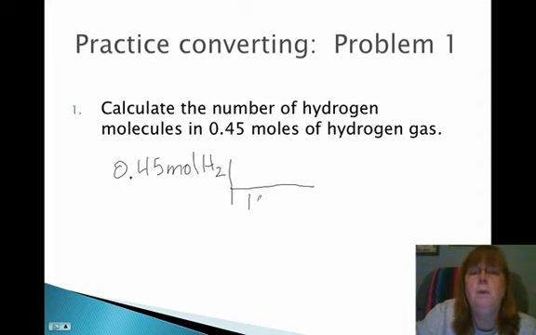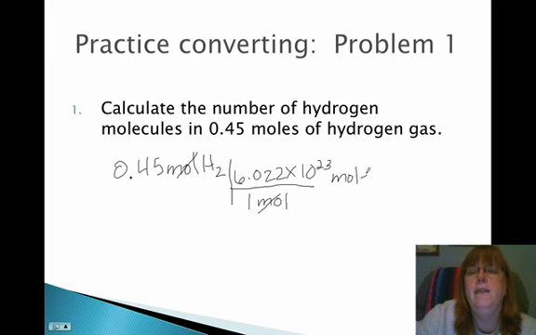So 1 mole, we're going to put the mole down here in the denominator so that it will cancel with the moles that we started with. What you start with, it's like moles, and that's in the numerator. So 1 mole goes down here, and a mole is Avogadro's number of molecules.